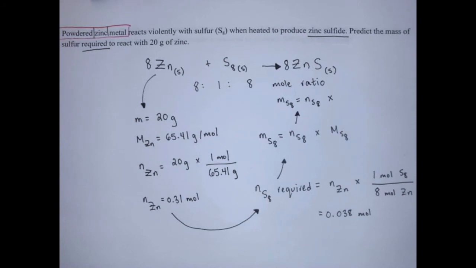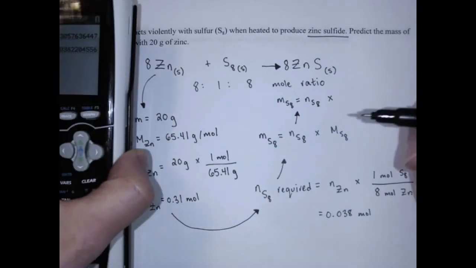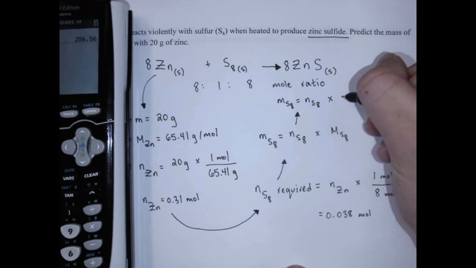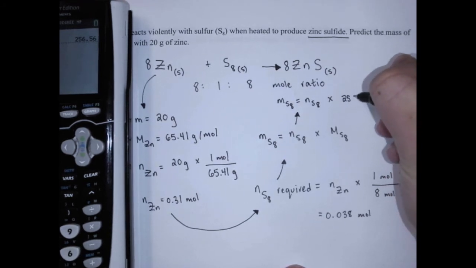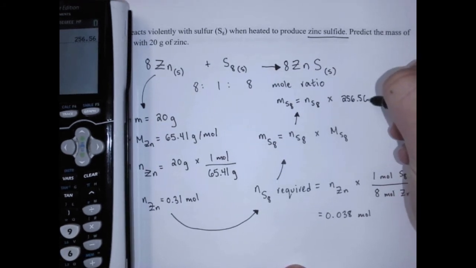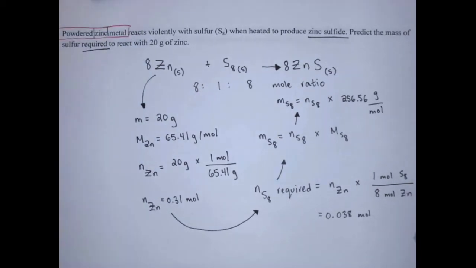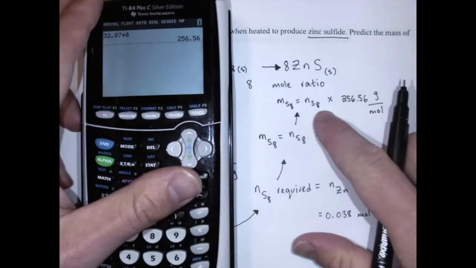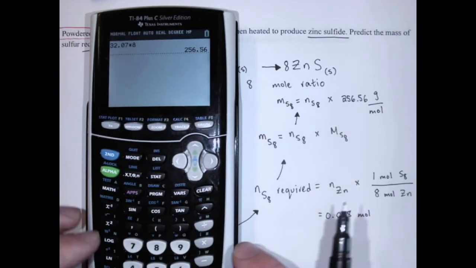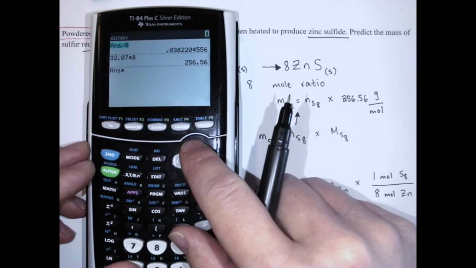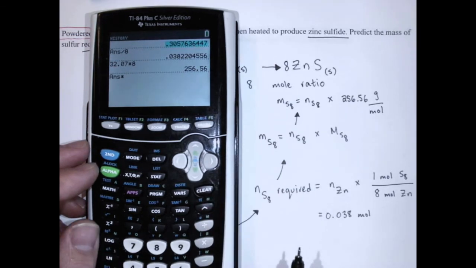And my molar mass of sulfur would be 32.07 times 8, so we have 8 of those atoms. So it would be 256.56 grams per mole. So find our moles of sulfur, multiply by the molar mass of sulfur, and I'm going to multiply it by that number right there.